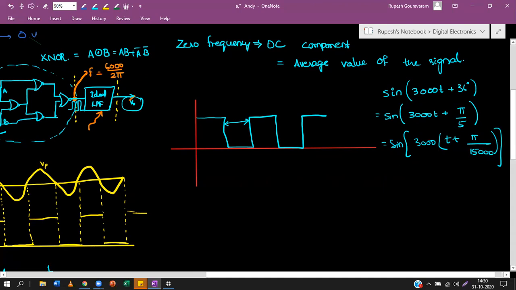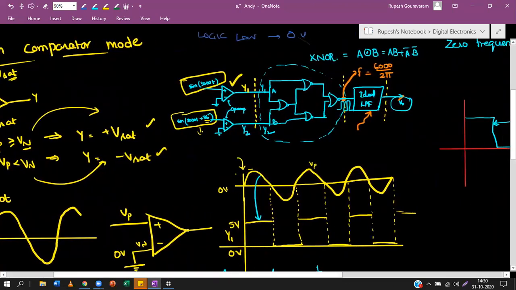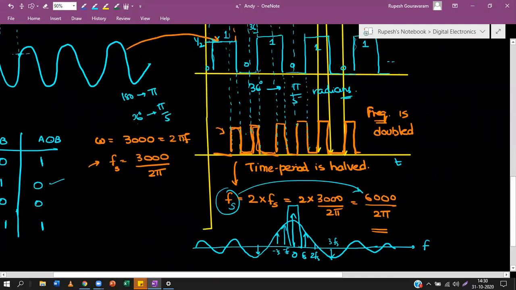So in the time domain, if you see this signal, the difference means what? If you see the orange signal somewhere here, the orange signal came here, right? So where is the gap? This gap is 36 degrees in radians, but this is a time domain, right?